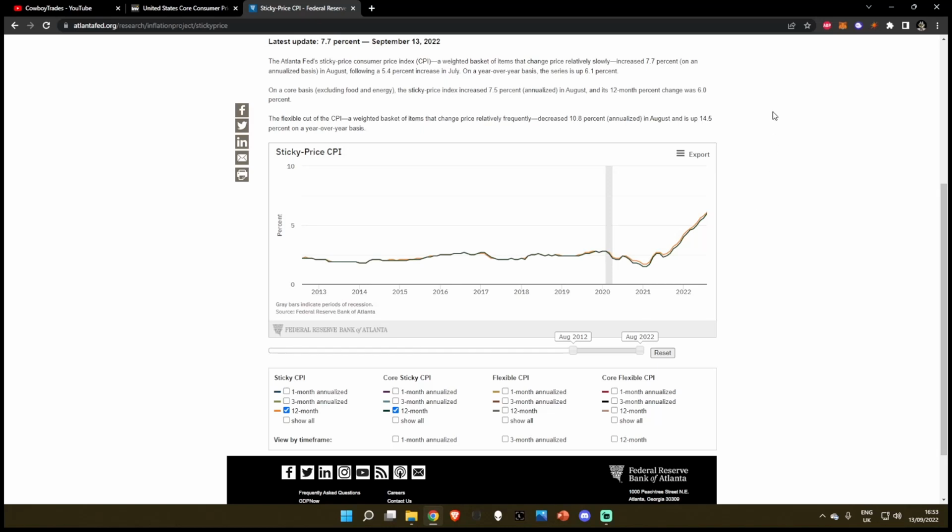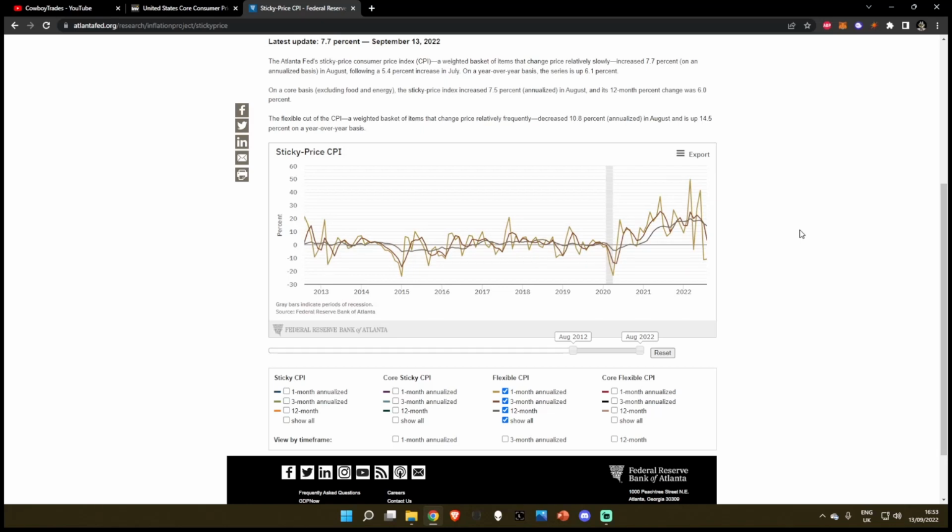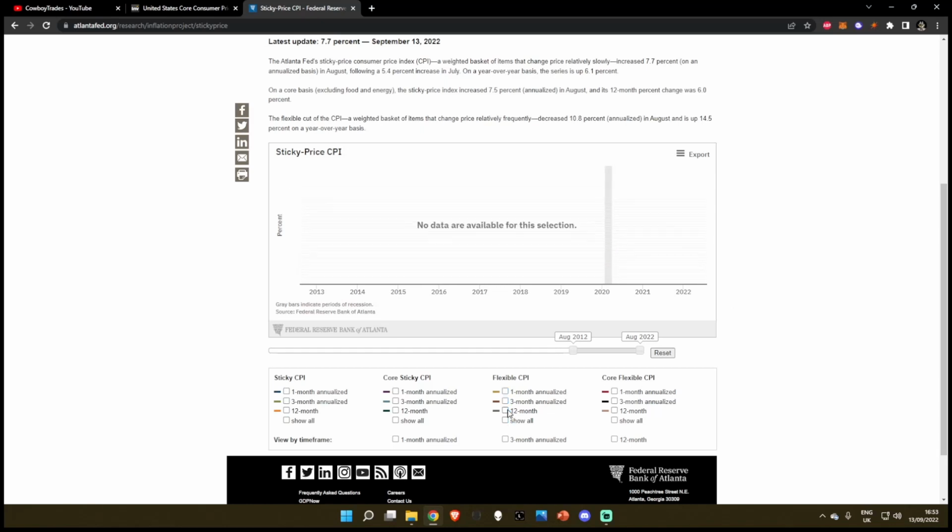So it's going to take a long period of time for these to start breaking back down to the downside, even though regular headline inflation and flexible CPI are starting to dramatically tumble. With things like the rising energy costs and rising cost of food, sticky CPI is likely to continue rallying up.